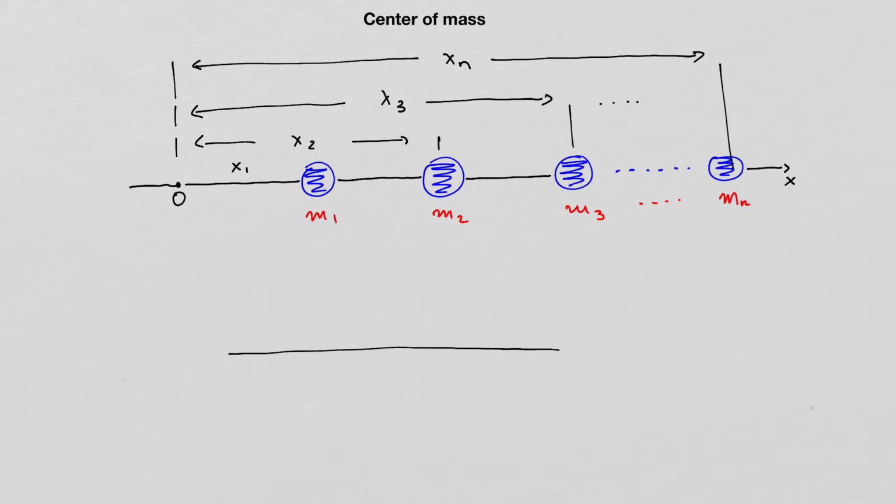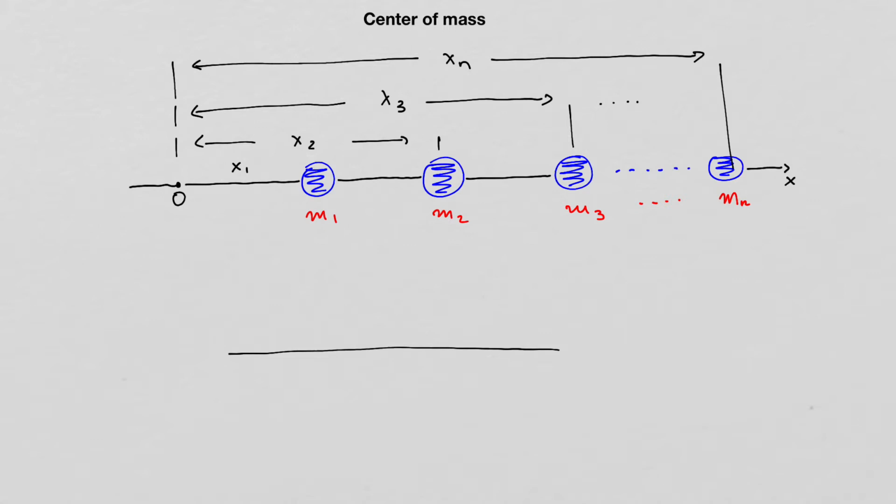The ratio will be the sum of the products of the mass of each particle and the distance from the origin, divided by the total mass of the system of particles.